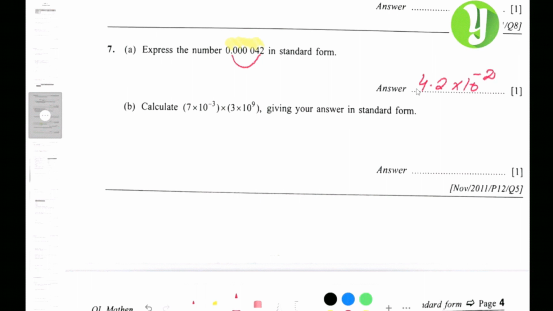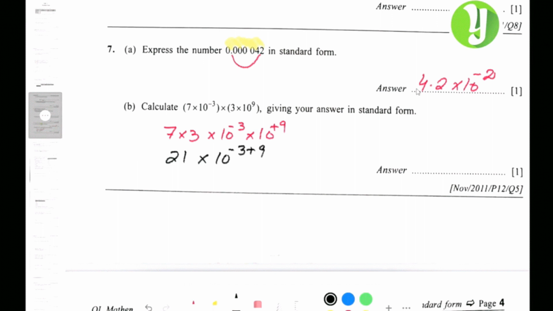Now the next one is we have to perform the multiplication. Last time we discussed the multiplication as well. So now in the multiplication we have to multiply number by number and base of 10 by base of 10. Okay, so 7 by 3 it's 21, and in the multiplication we add the powers.